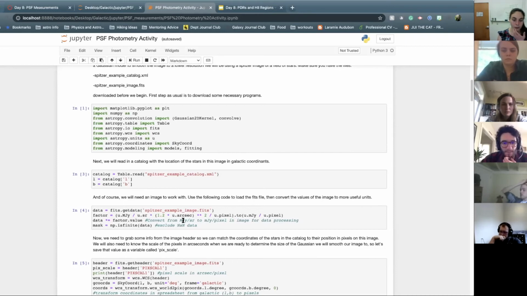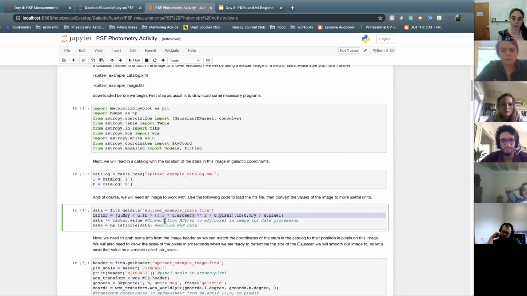I did a few steps here to make things slightly easier, where I used AstroPy to convert all the pixel values in the image to millijanskys instead of whatever units they were in. I think they were in megajanskys per steradian, to millijanskys per pixel.